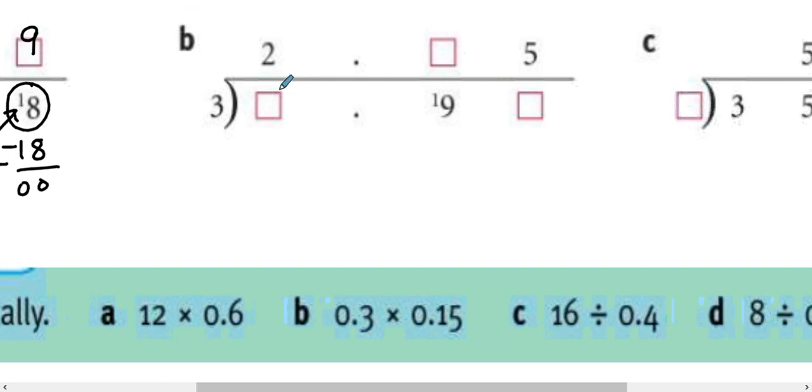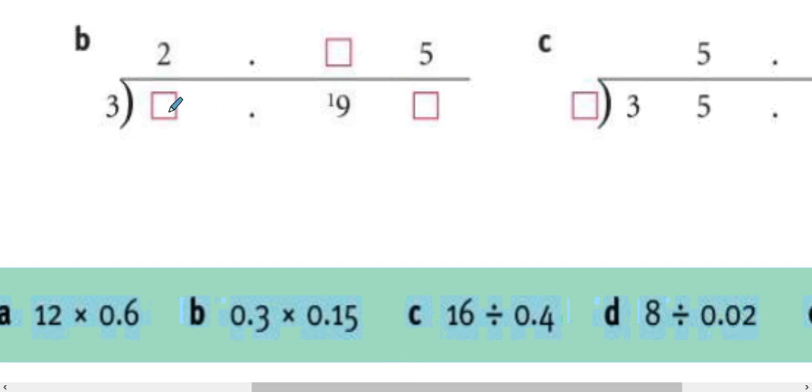Part B. Part B says, which number divided by 3 comes to 2, but which when you subtract here, the remainder is 1.